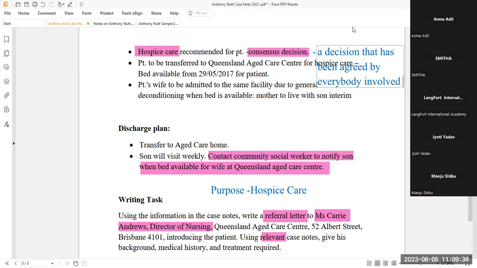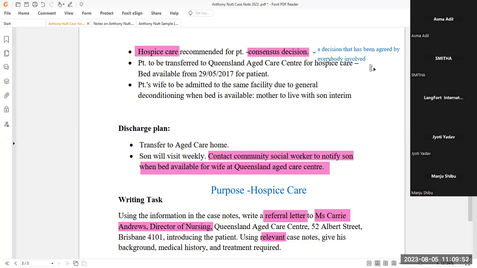Not one person, not just the patient, everybody. That's what we call a consensus decision. So the patient was recommended hospice care, and that was a consensus decision, agreed upon by everybody involved.